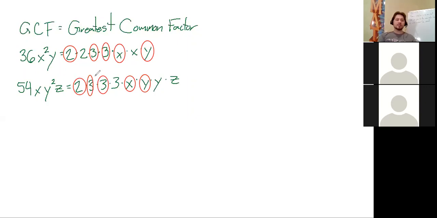So given the information that we have, we know that our common factor is going to be 2 times 3 times 3 times x times y, which you multiply out, and you get 18xy.